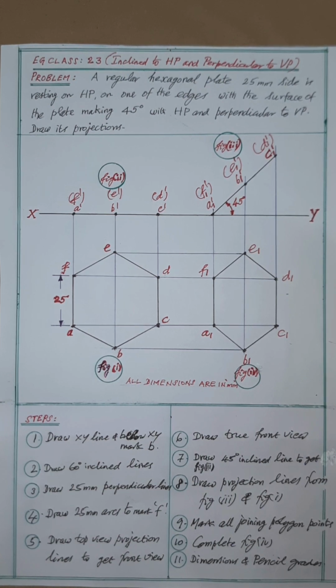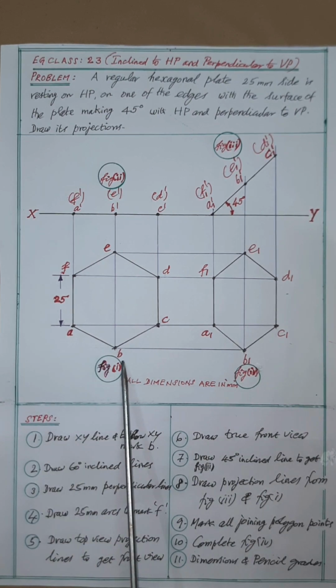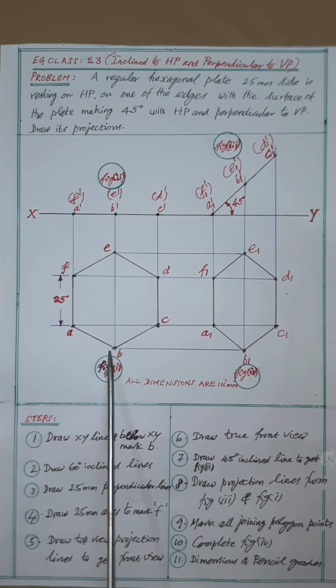As per step 1, draw a horizontal line parallel to XY, below XY at a suitable distance from the XY line. Mark any point like B as shown.